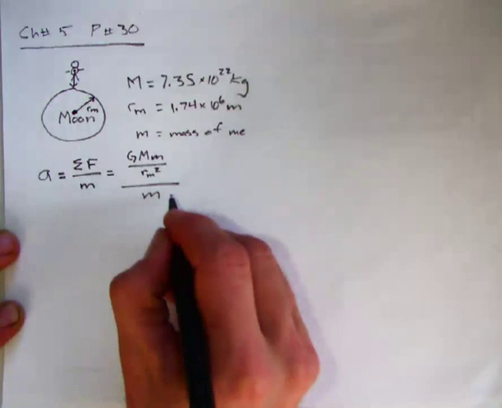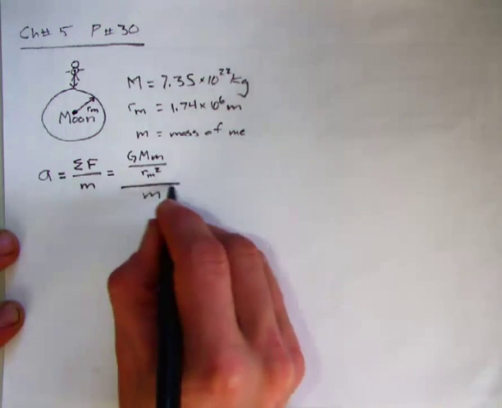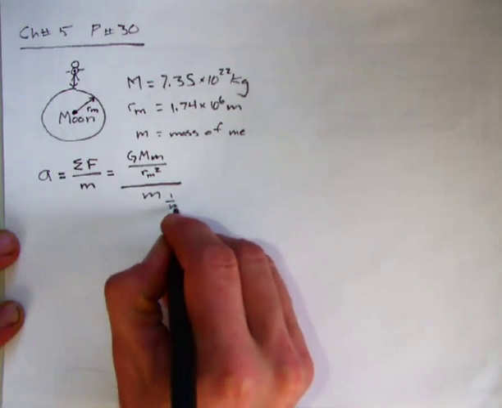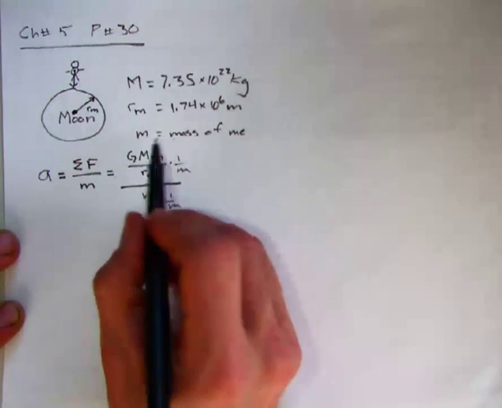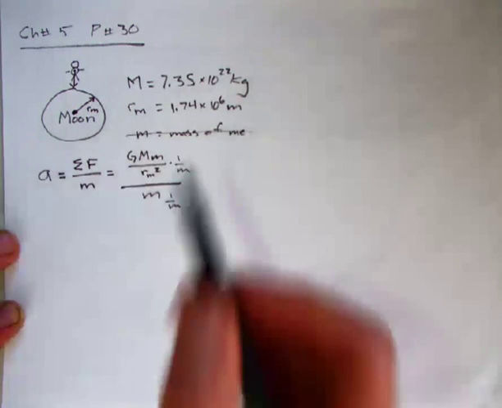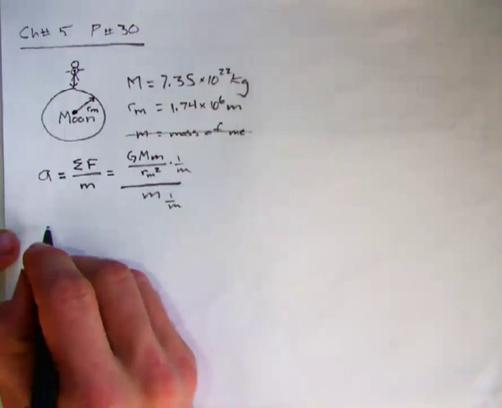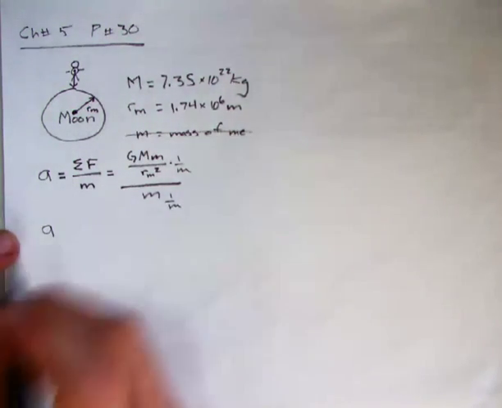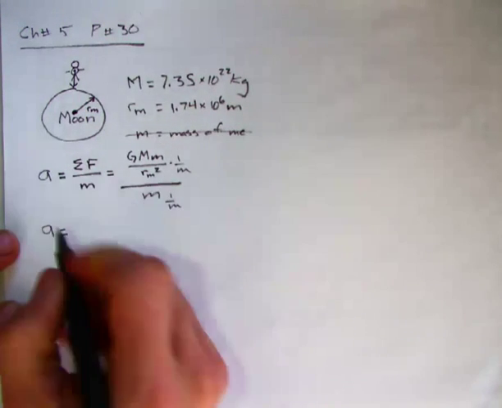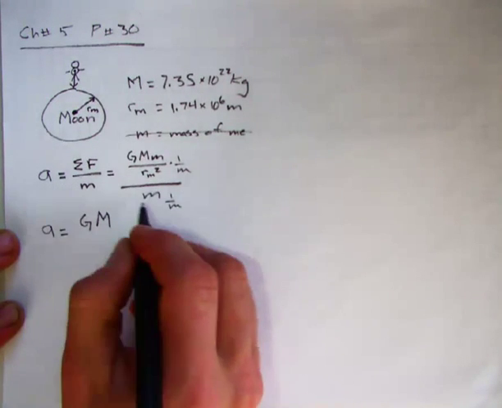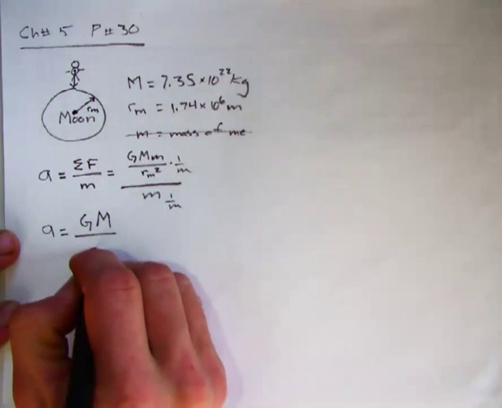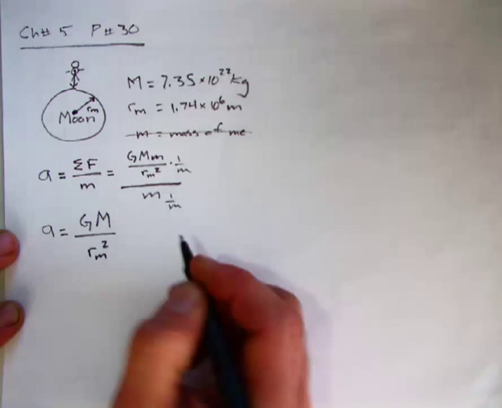And what's nice about this is it's a fraction. Well, what if I multiply this fraction top and bottom by 1 over m? Oh, the mass of me cancels out. So the acceleration due to gravity on the moon should be equal to big G times the mass of the moon divided by the radius of the moon squared.